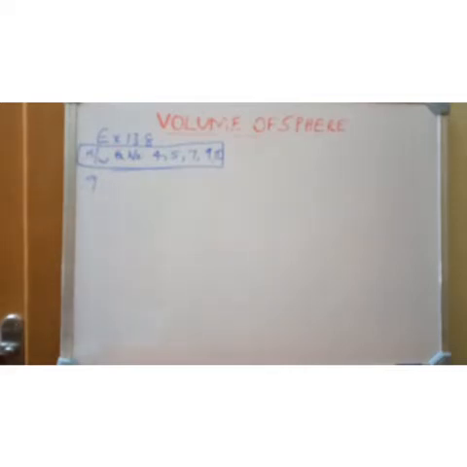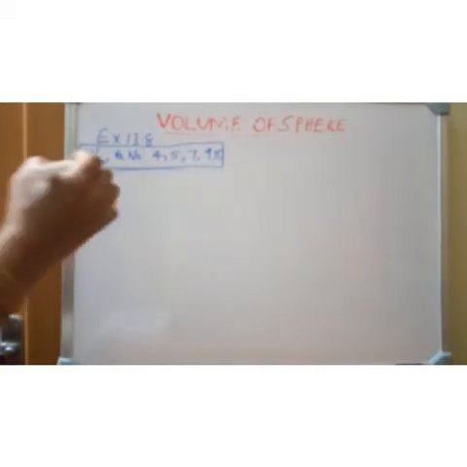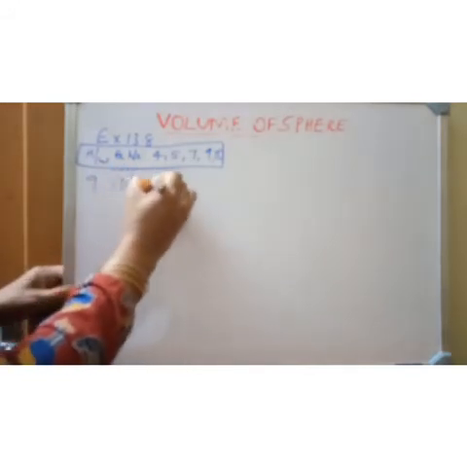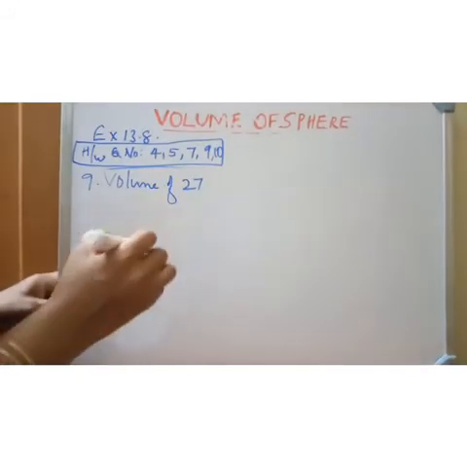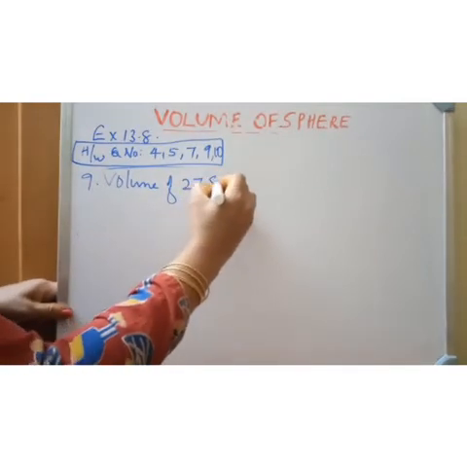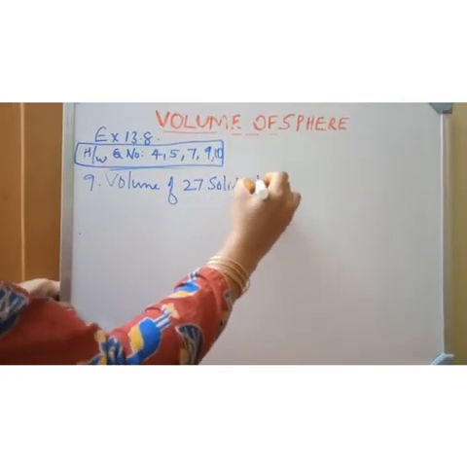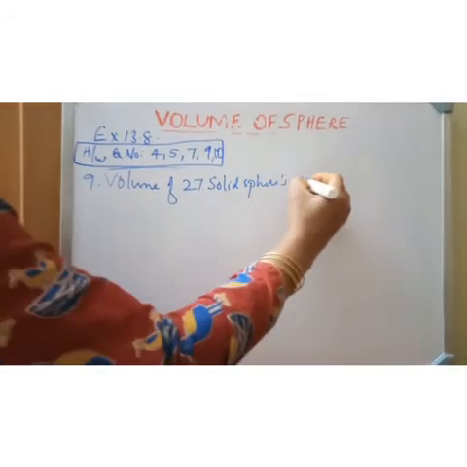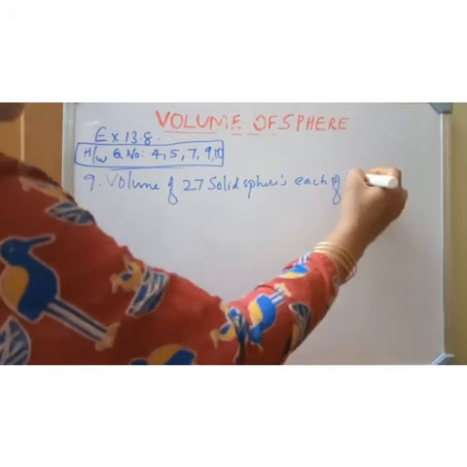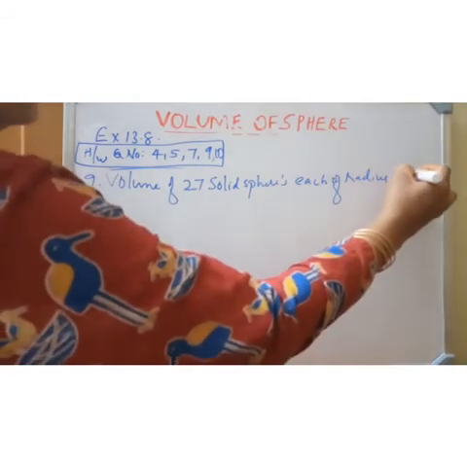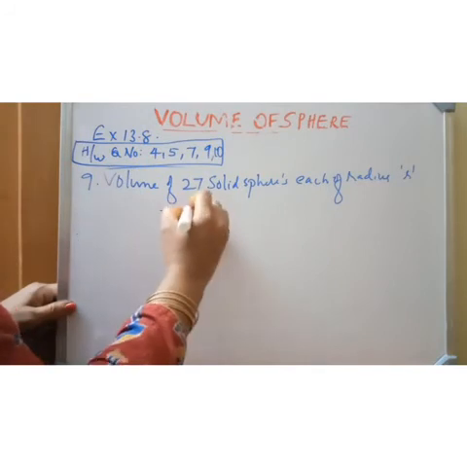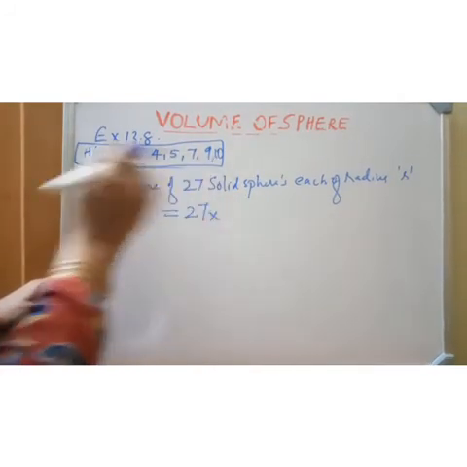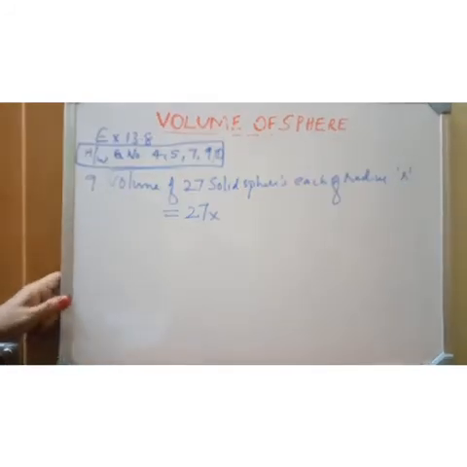Isn't it? So first you write volume of 27 solid spheres each of radius r equal to 27 into, what is volume of a sphere? 4 by 3 pi r cube.